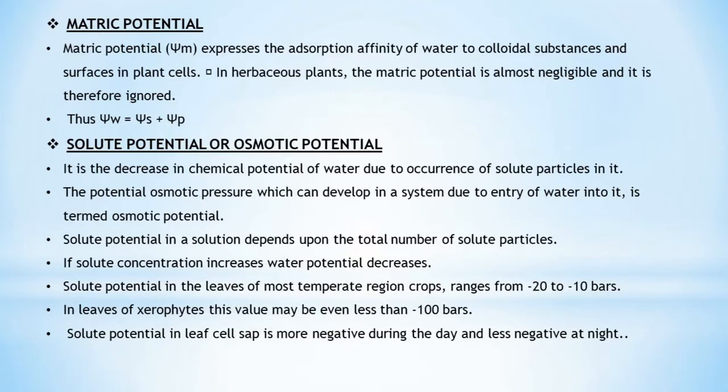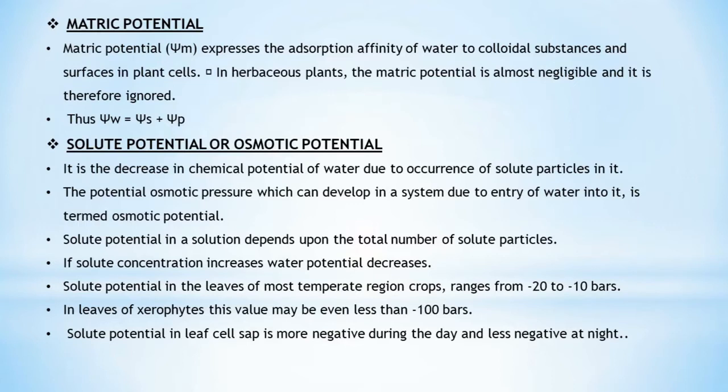Solute potential in the leaves of most temperate region crops ranges from -20 to -10 bars, because usually we know that leaves contain photosynthetic pigments, and leaves are the places where production of food is taking place and through which transportation of food materials takes place. So there is no pure water present there.